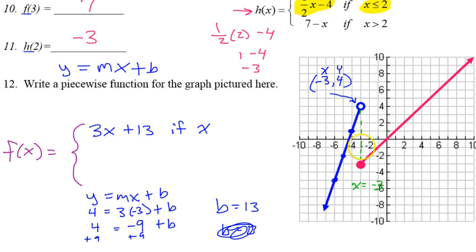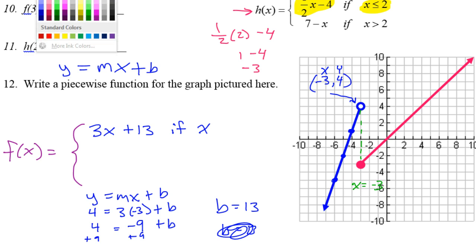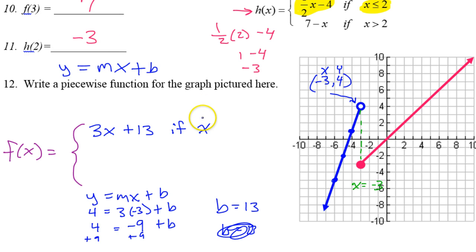It changes at an x value of negative 3. So it is the blue graph when the x values are less than negative 3, and the red graph when the x values are greater than or equal to negative 3. Notice I said less than, because on the blue graph, this is an open circle, so it's not allowed to be negative 3. So that's it for the blue piece.